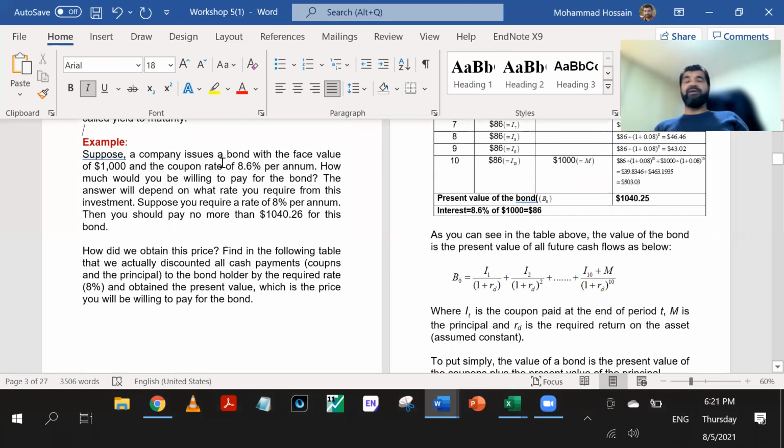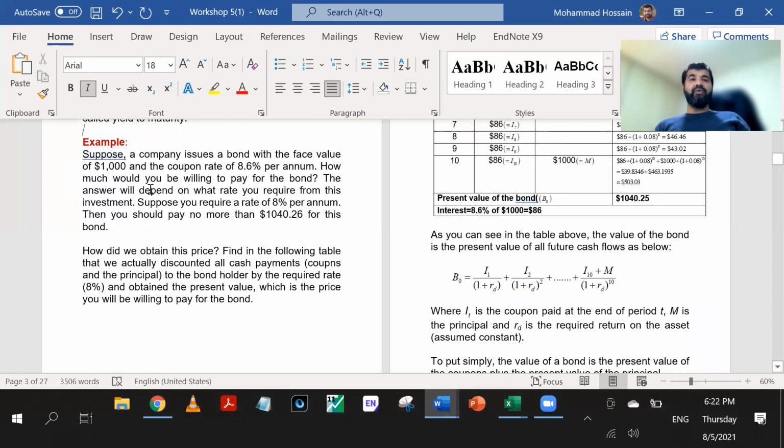Suppose a company, not the government, issues a bond. What did they say here? $1,000, coupon rate is 8.6% per annum.